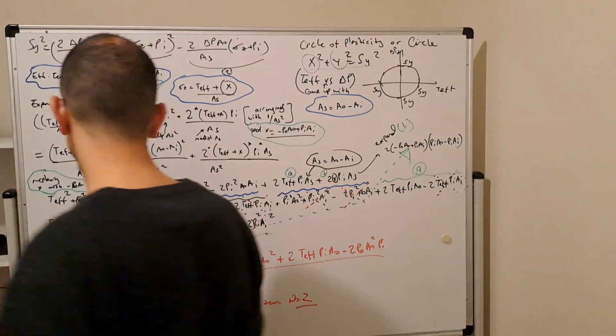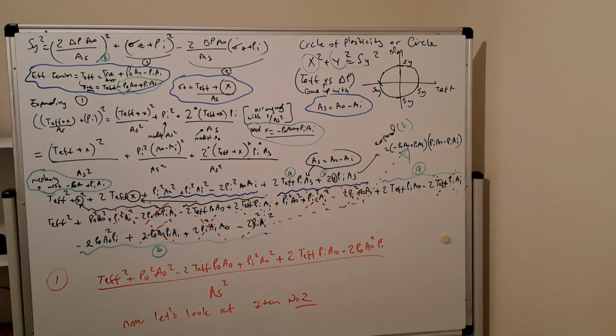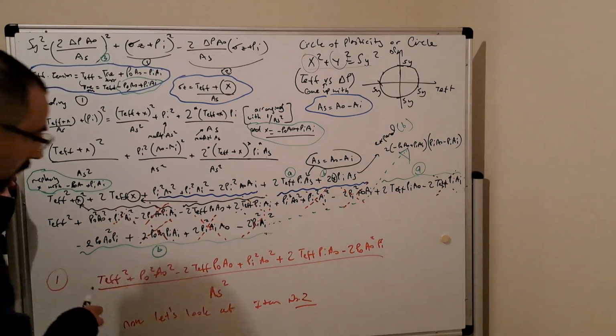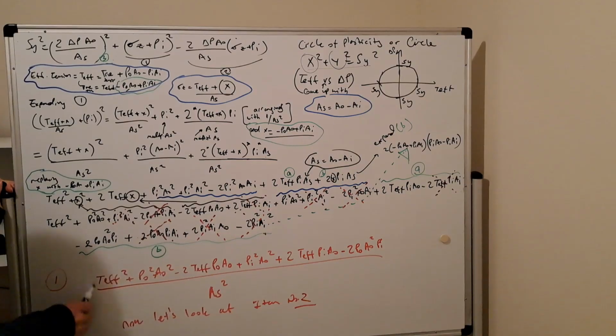As I said, many of these items will cancel each other, so we will end up with this numerator and denominator.